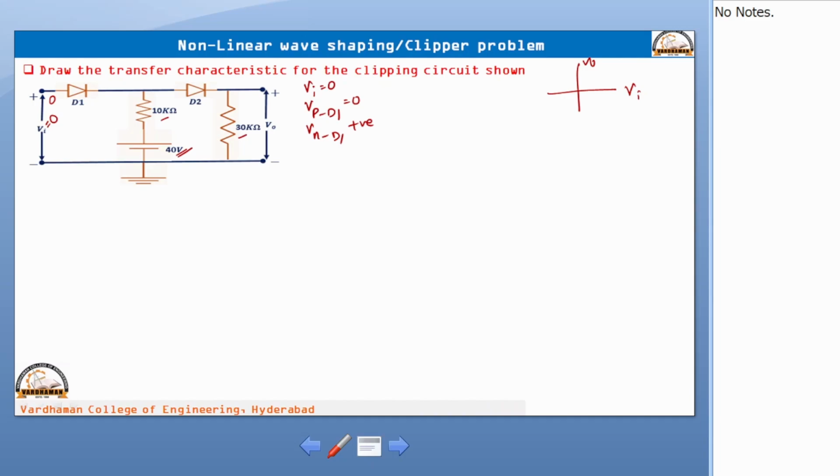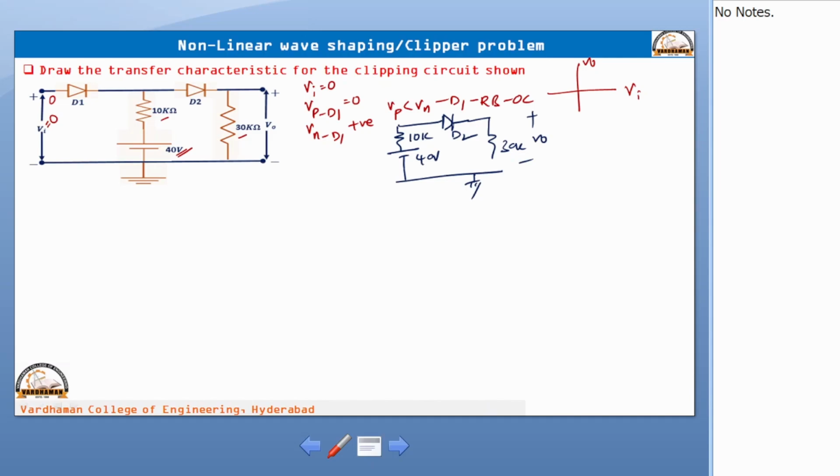That means surely we can tell Vp is less than Vn for diode D1. So diode D1 will go to reverse bias, open circuit. In this situation, if you draw the remaining circuit, that is the 10 kilo ohm, the diode D2, the 40 volts DC supply, and one more resistor 30K. We need to take the output across 30K.